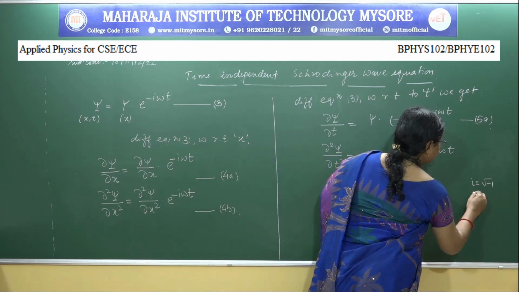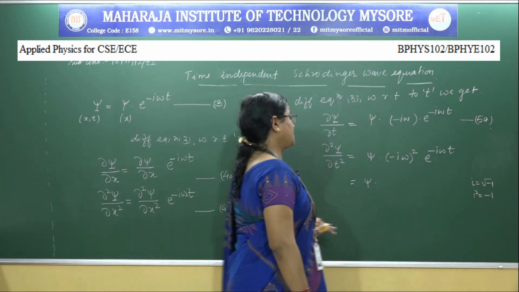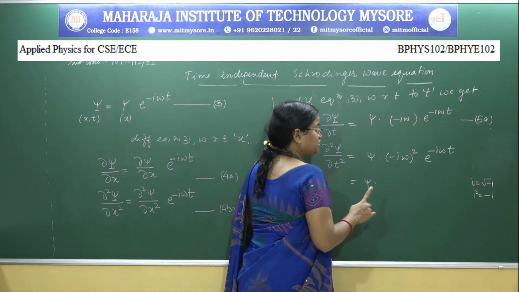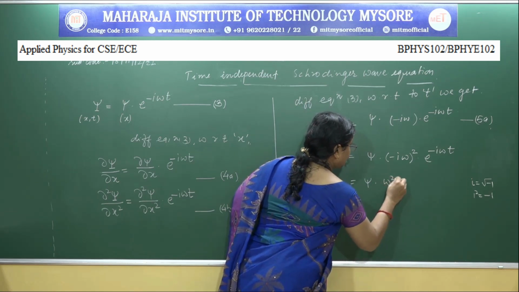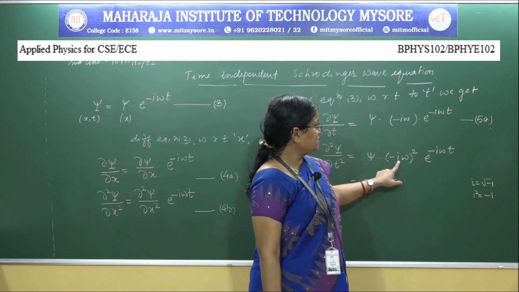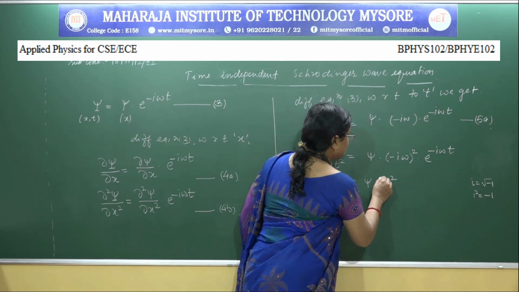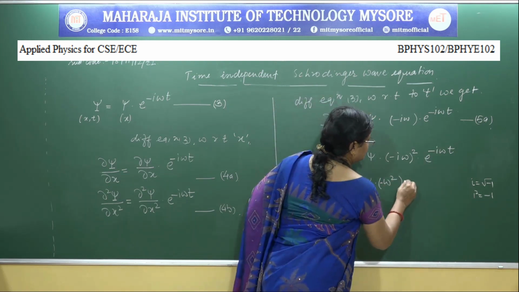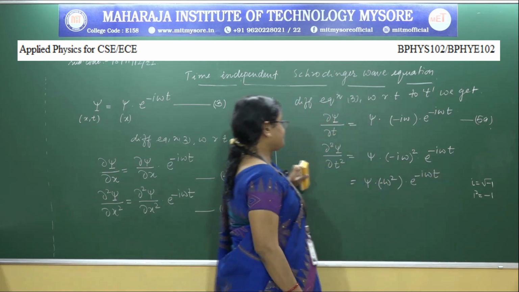So if you square i, you will get minus 1. Square of minus is again minus minus plus, so we get omega square. Square of plus i square will be minus 1. So this will be minus omega square and we retain the term exponential of minus i omega t.